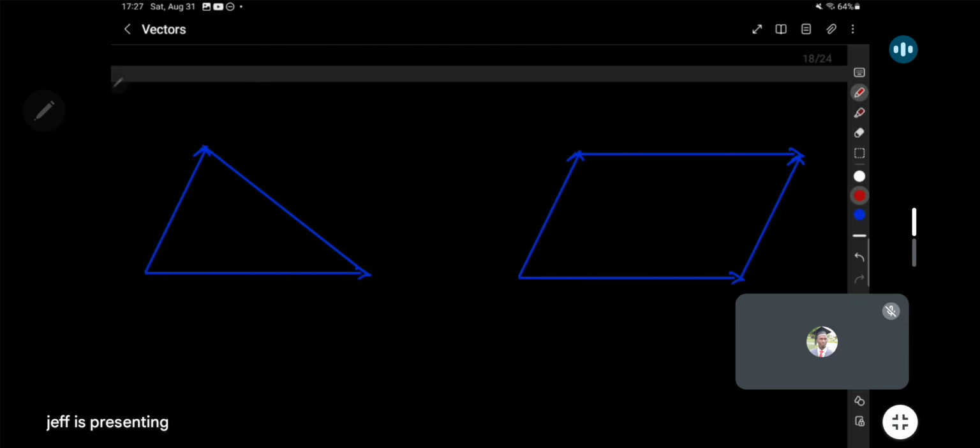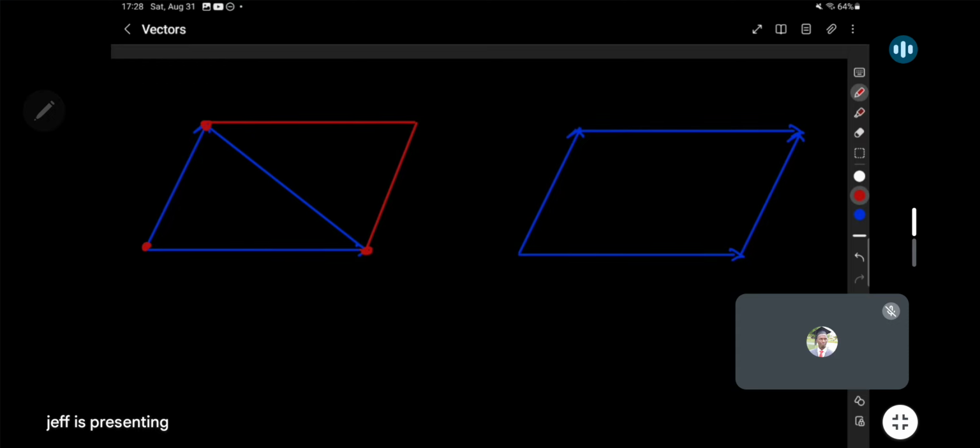Since they've given us the vertices of the triangle, it's like they've given us this point and this point. But these points can be seen to be vertices that were part of a parallelogram. So in other words, a triangle can just be seen as half of a parallelogram.